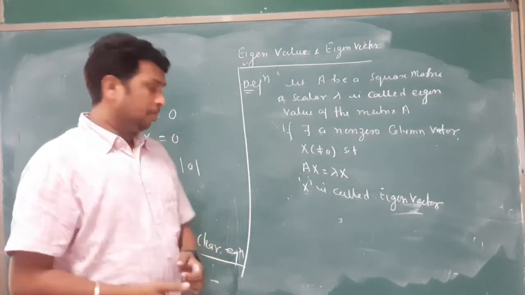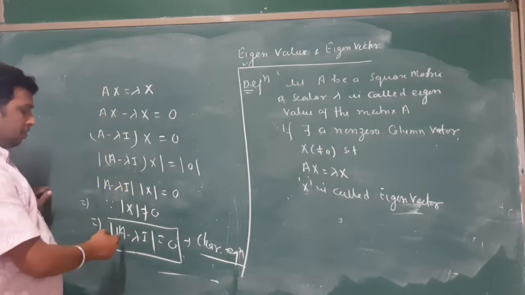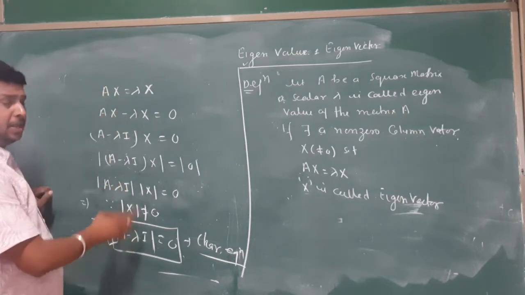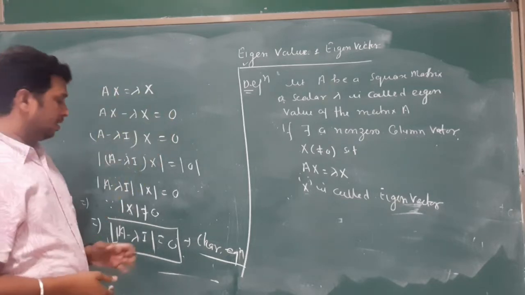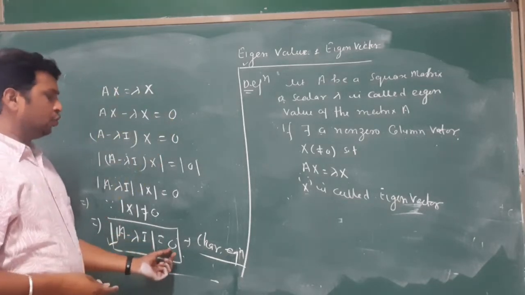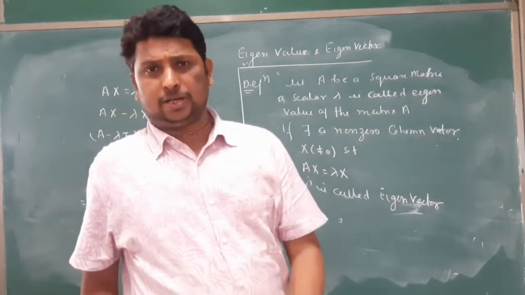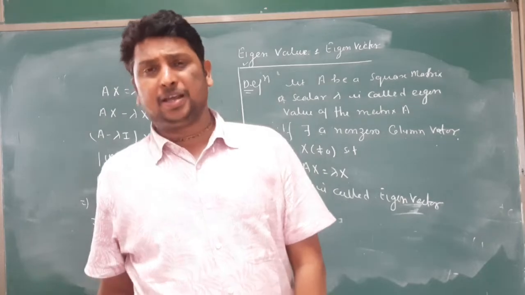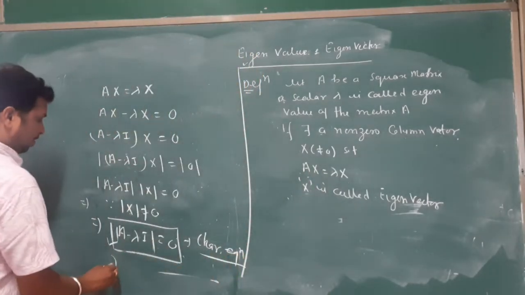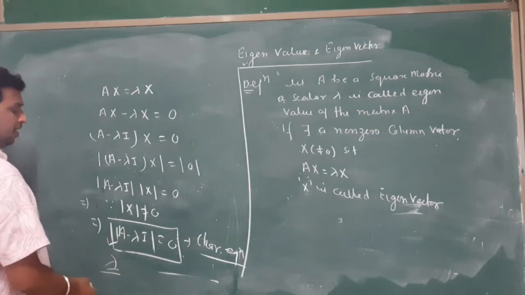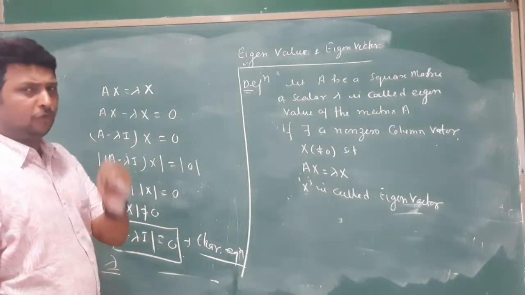Nothing else, because lambda multiplies with I means lambda on the diagonal. Subtract lambda from the diagonal of A, take the determinant equal to 0 and expand as usual. You will get one equation in lambda, and when you solve that equation by any method or by calculator, you will get the values of lambda.